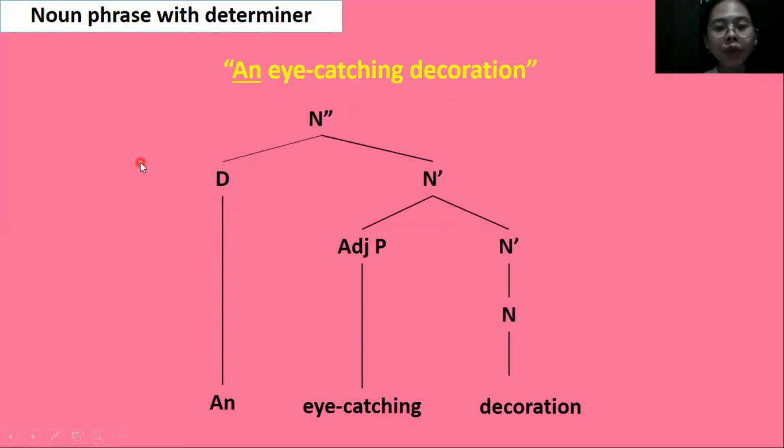In the determiner rule, we know that the determiner expands N-bar into N-double-bar, and the determiner is the sister of N-bar and also the daughter of N-double-bar. So from this phrase, "an" performs as determiner, "eye-catching" performs as adjunct, which is an adjective phrase, and "decoration" performs as the head of the phrase.